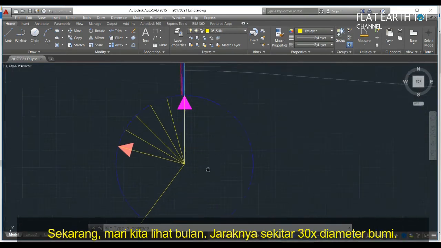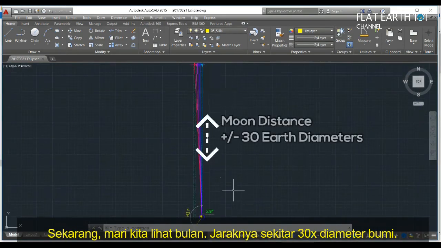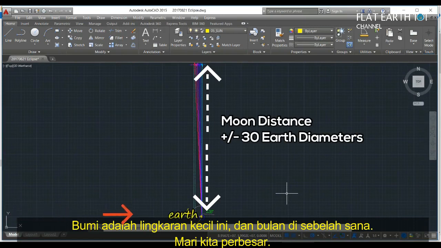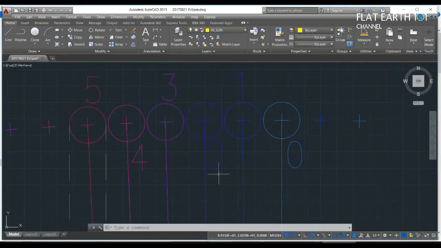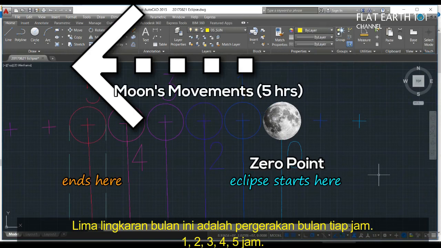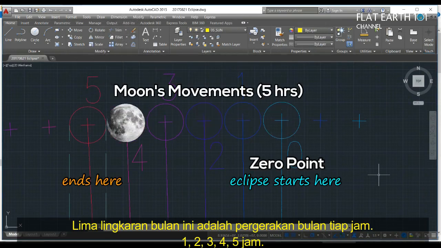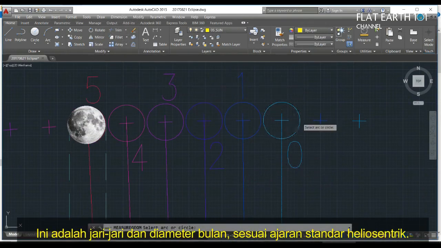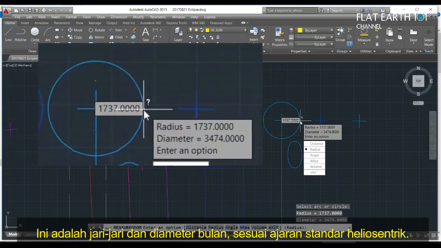Now let's go to the Moon. It's 30 Earth diameters away. The Earth is a small circle over here, and the Moon is over there. Let's zoom in. This is the Moon at 0 point when the first second of partial eclipse started. These 5 moons represent its movements every hour, 1, 2, 3, 4, 5 hours. This is the Moon's radius and diameter according to standard heliocentric.